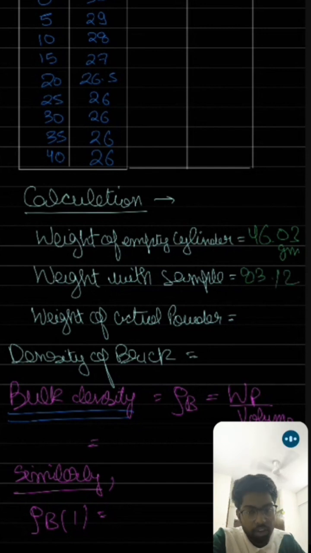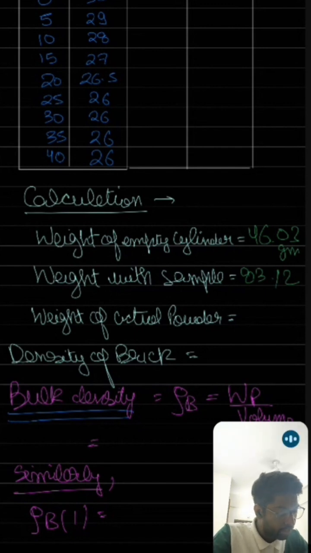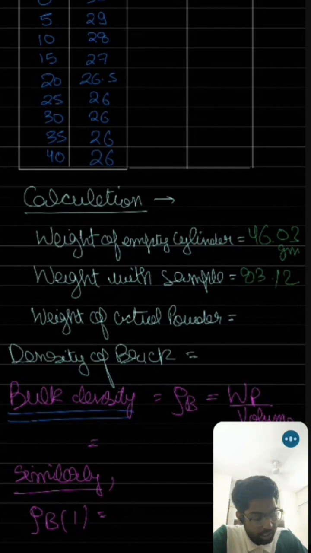So we will subtract the weight of the empty cylinder from the sample weight, and we will find the actual powder weight just by subtracting. It comes out to be 37.09 grams.